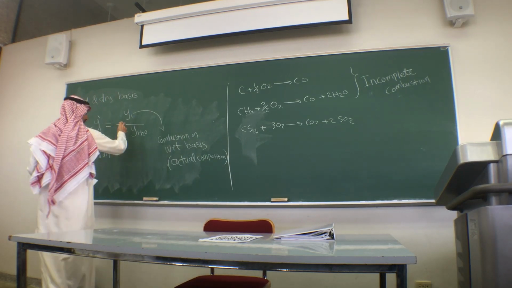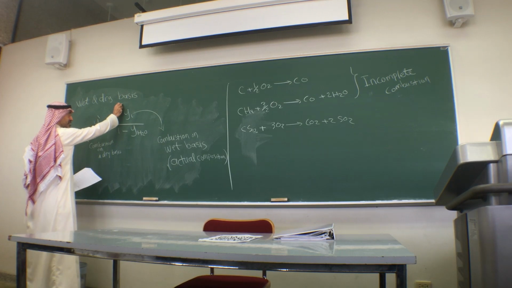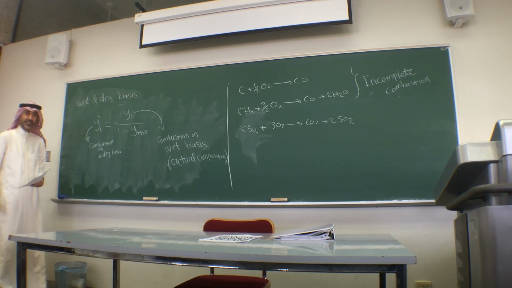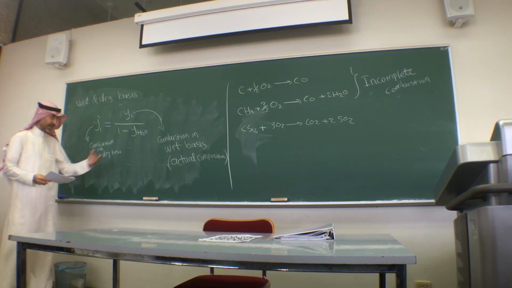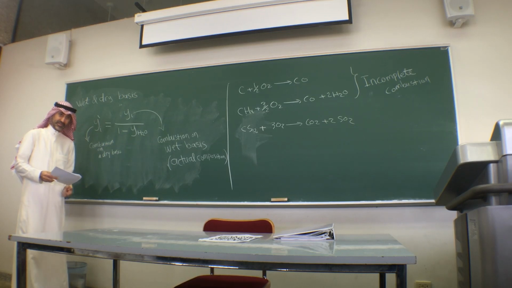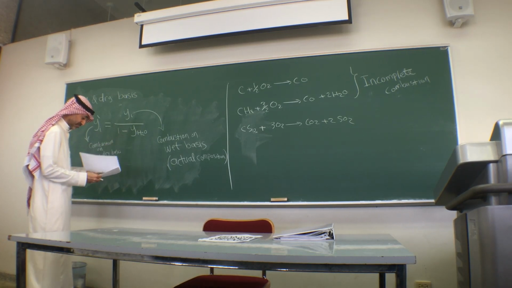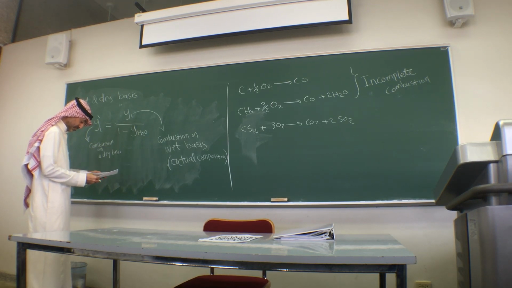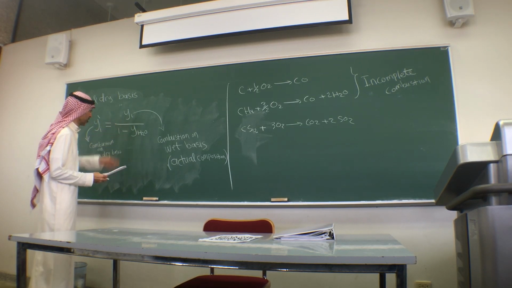If this is 10 on the wet basis and I need it to be more, I divide by 1 minus the water. I want to remove the water, as if I have no water. We will see the example now.